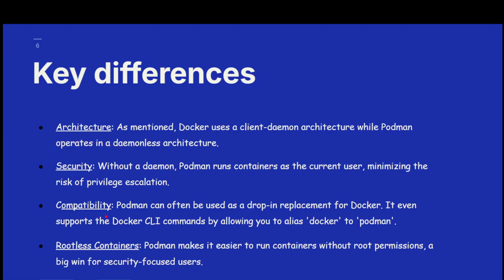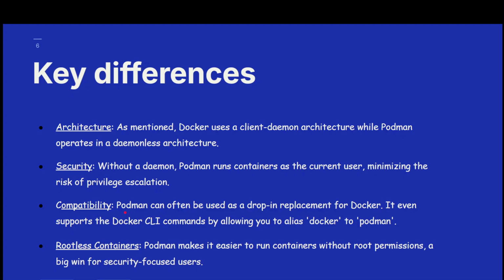On compatibility, Podman can often be used as a drop-in replacement for Docker. It even supports Docker CLI commands, allowing you to alias docker to podman. So we can use all the commands that we are used to in Docker. Whatever commands we run while using Docker, we can use the same commands with Podman. We just have to replace the word docker with podman.